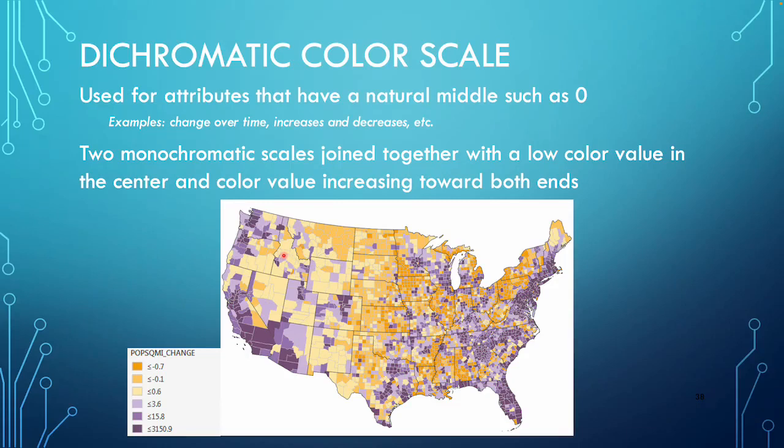This is good for change maps where something's increasing and decreasing. You can use one color to represent the decrease and one color to represent the increase. And that's what this map is showing. Population per square mile change, where the yellow values are a decrease in population, the purple values are an increase in population. And they picked contrasting colors, so yellow and purple.